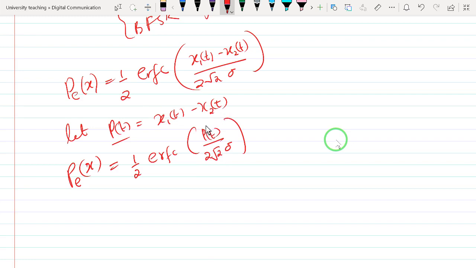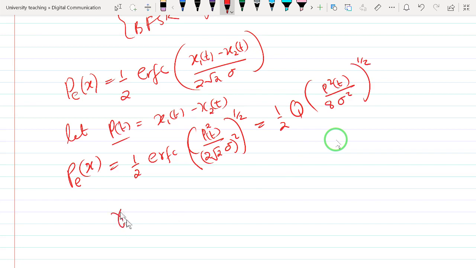We can decide to square this function. We square everything here, and then we root that entire variable in the bracket. What that will give us is half of Q of p squared of t all over 8 sigma squared, power half.